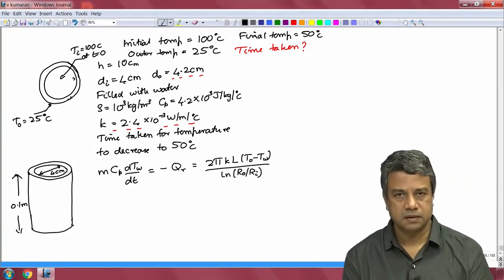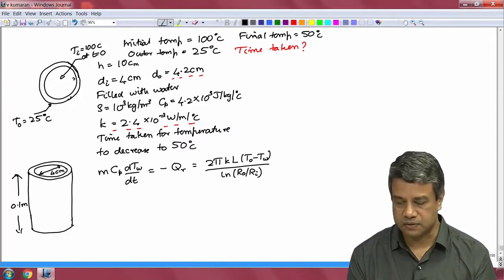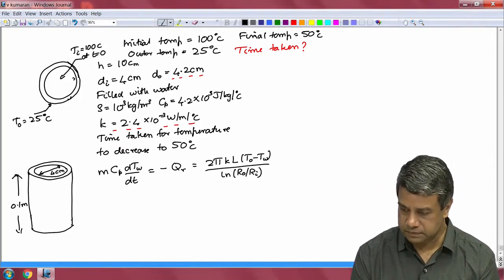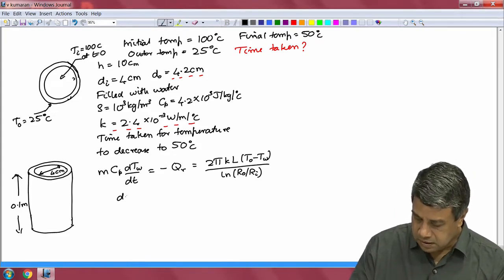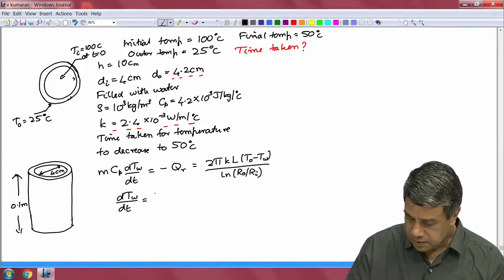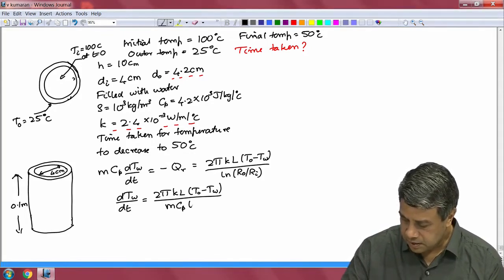Q_R was negative of this, since the rate of change of energy is equal to minus Q_R, you get a positive sign on the right hand side. And therefore, I get dT_W by dt is equal to 2 pi k L into (T_0 minus T_W) by m Cp ln of the ratio of radii.